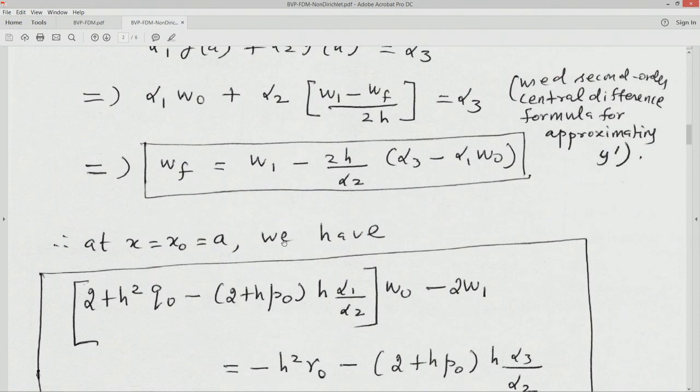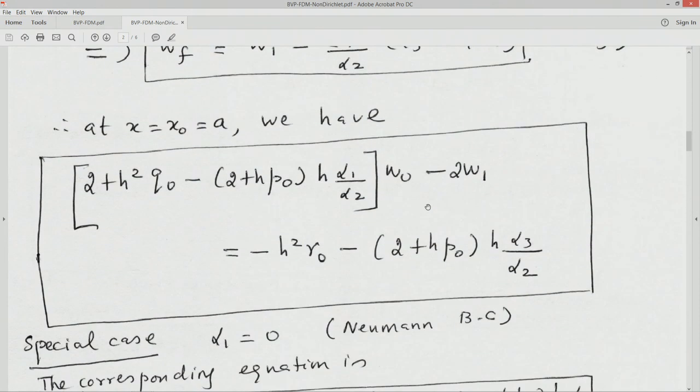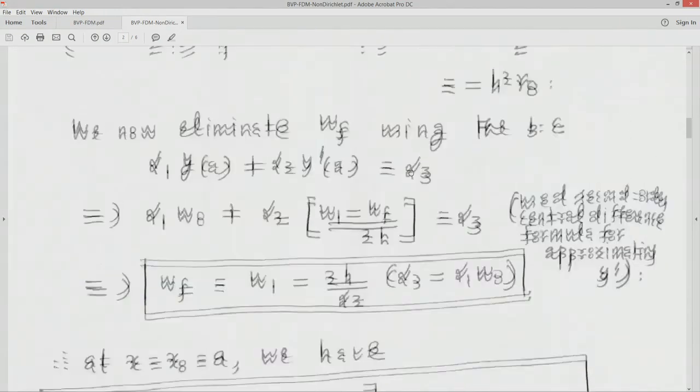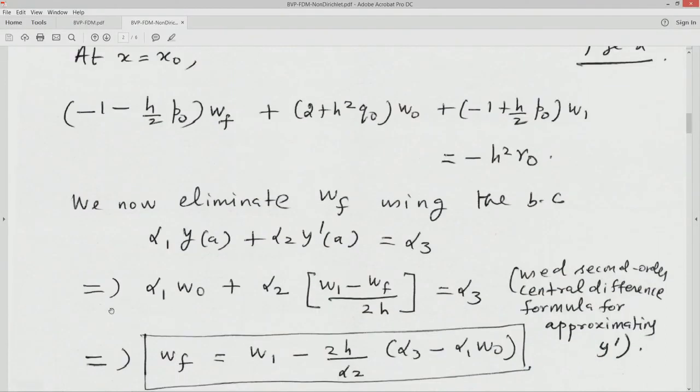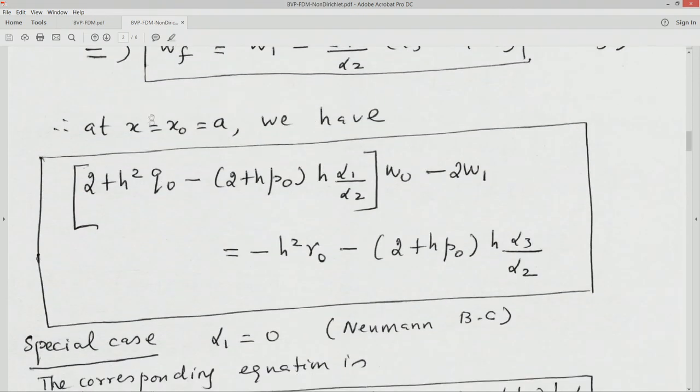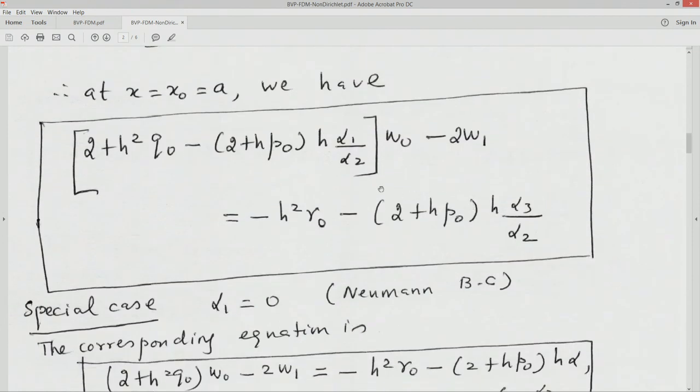So, at x is equal to x naught equal to A, the equation that I should use is this, which is obtained by substituting for WF in this equation. So, this is going to be the equation that I should use at x is equal to x naught, which is A. Now, this equation has been obtained when we have a Robin boundary condition.